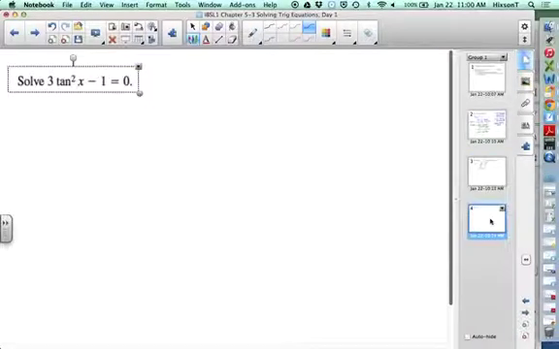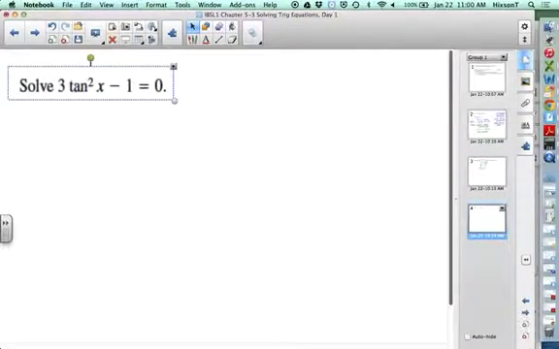Alright, last example I want to end up with. Three tangent squared x minus 1 equals 0. We don't see an interval, so what would we assume it was? 0 to 2 pi.